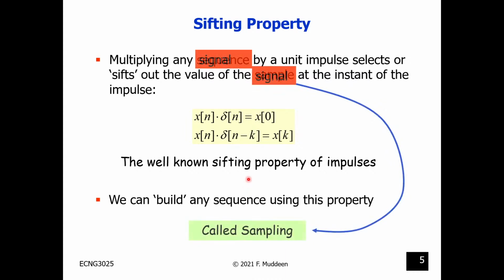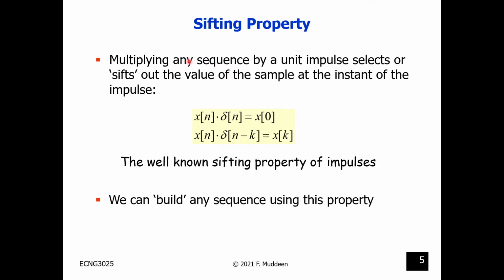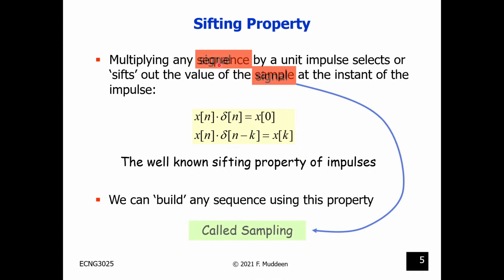If we change the word from sequences to samples, and to signals, this entire system property is what we refer to as our sampling property when we apply it to continuous time signals. So we use this same system property of the unit impulse to extract samples from the continuous time signal and represent it in our discretized time signal domain.